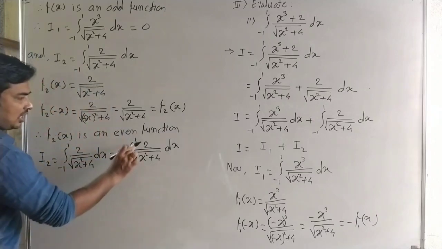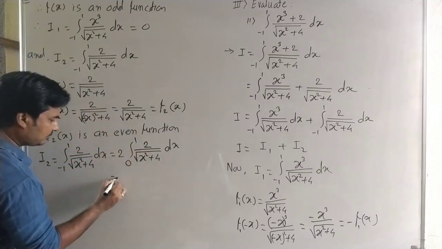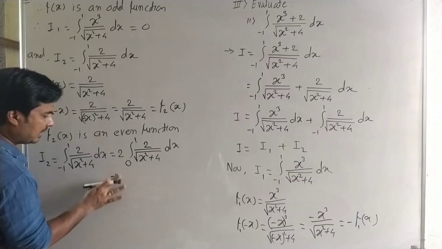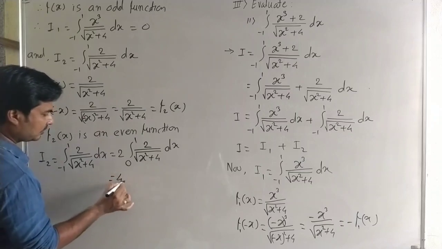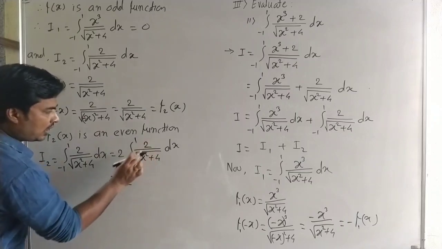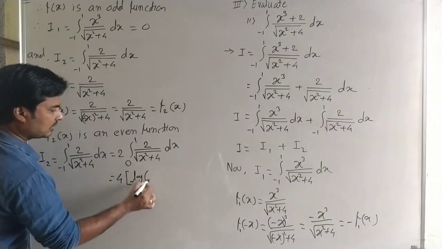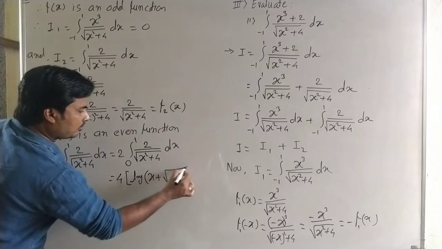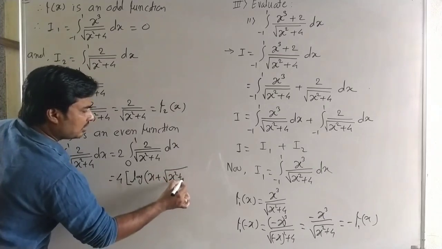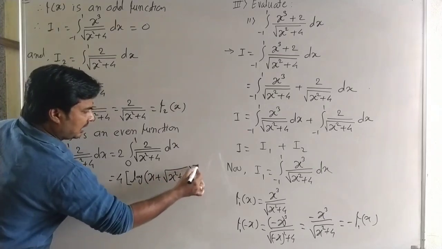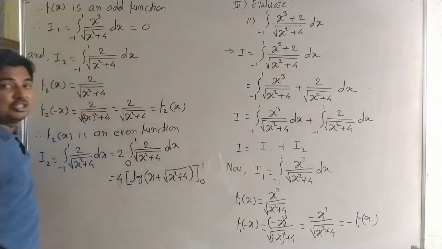Here the 2 can be written outside, so 2 into 2 we can directly write 4, and the integral of 1 upon under root x square plus a square is log of x plus under root of x square plus a square, with limit 0 to 1.